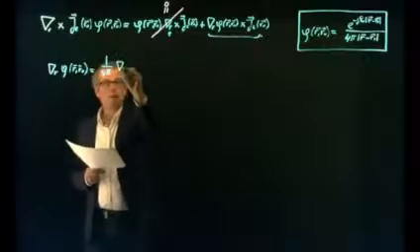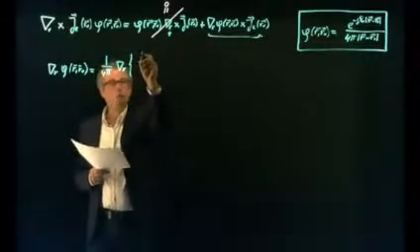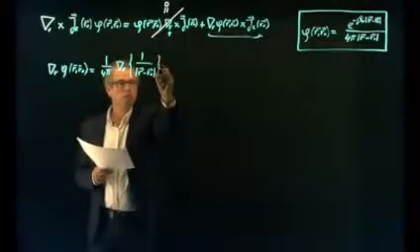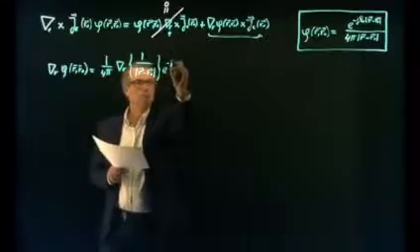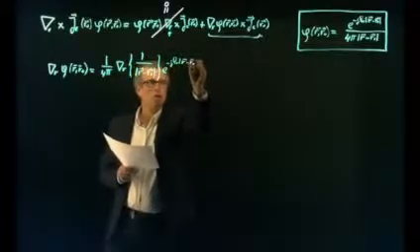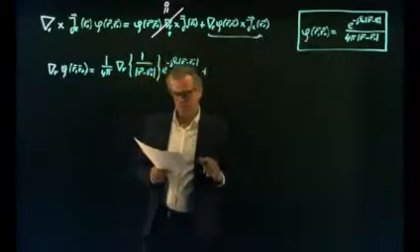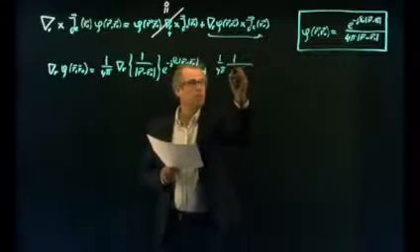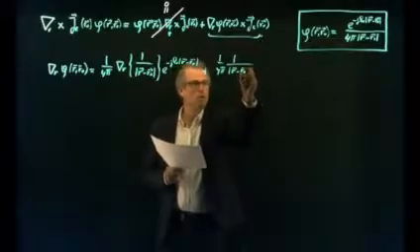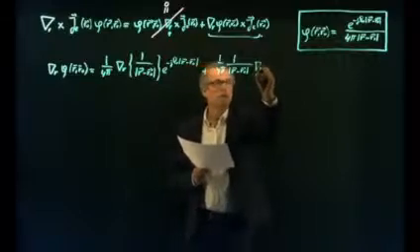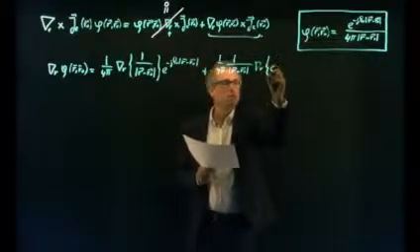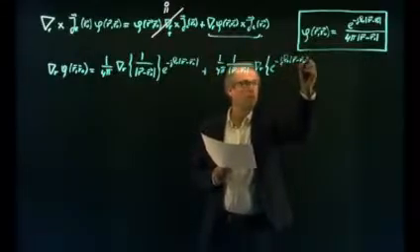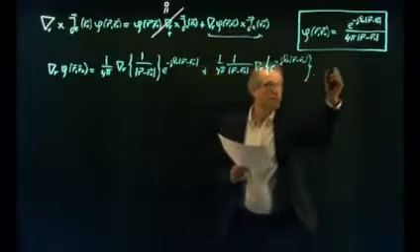And then the first one is 1 over the absolute value of r minus r naught, times the exponential, plus 1 over 4 pi times this 1 over the absolute value of r minus r naught, and then the derivative of the exponential. Yeah, so that's again the product rule.